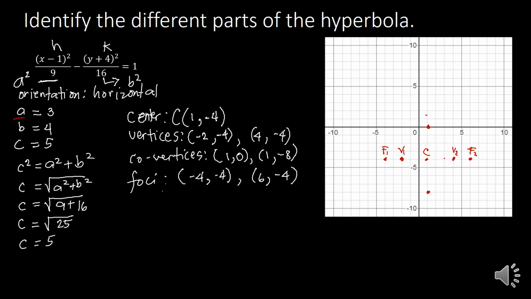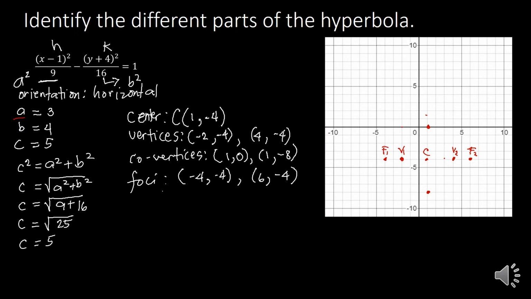Now, going back to the graph, we are going to draw. Once we are graphing our hyperbola, we will be drawing the reference rectangle, which we will draw using the lines passing through the vertices and the covertices. Let me just use another color.